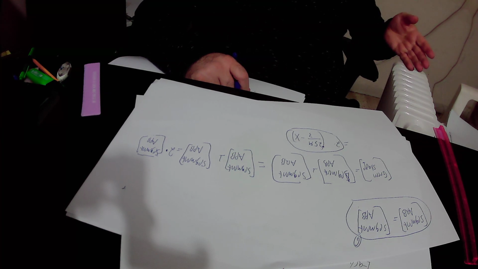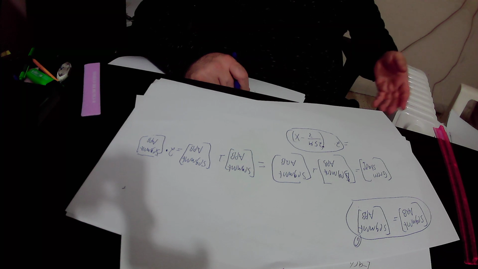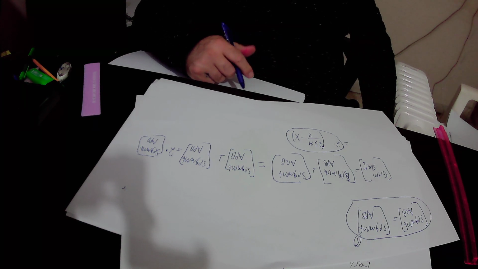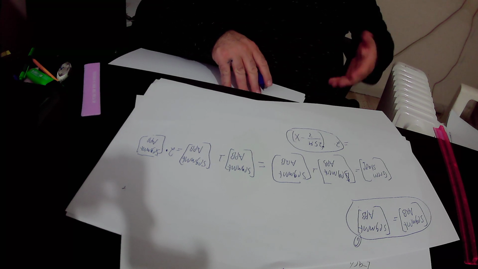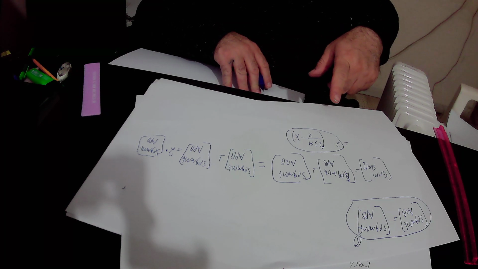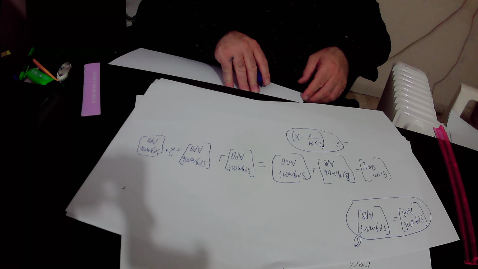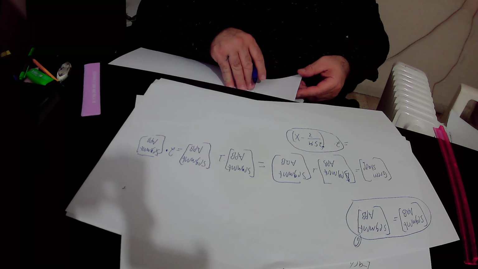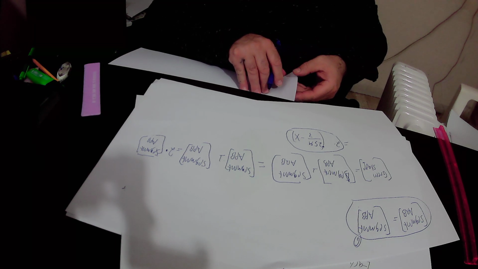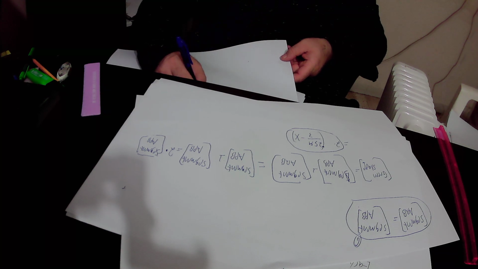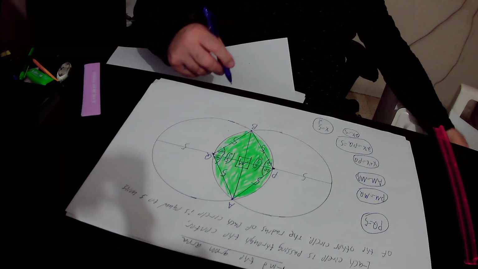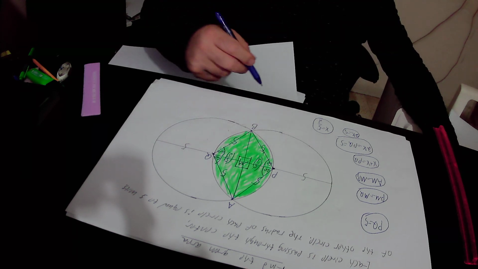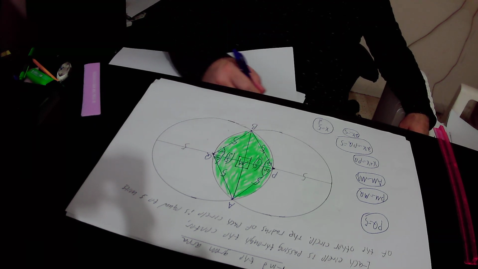So we find the area of triangle APB, defined as x, and in this way we'll find the area of the green shape. So the area of triangle APB, this triangle, equals x.